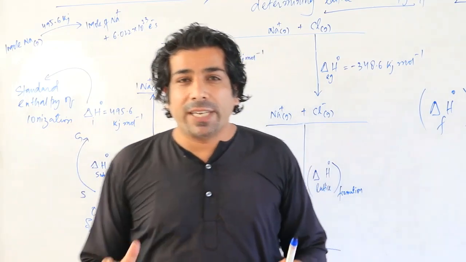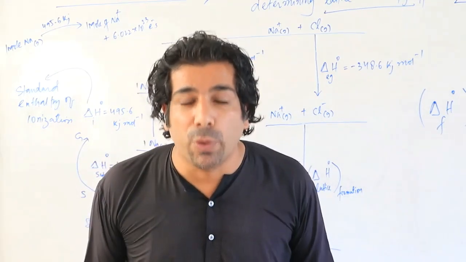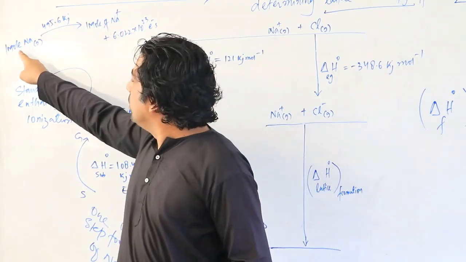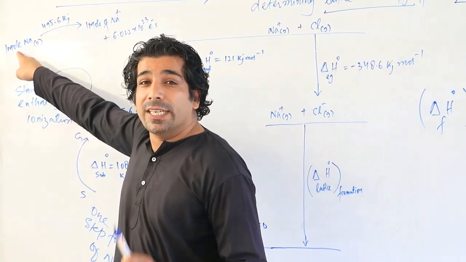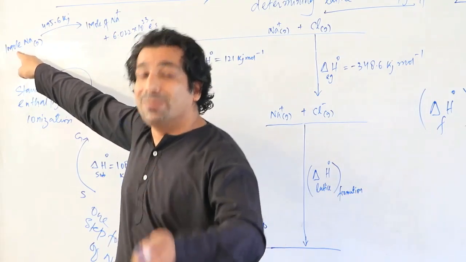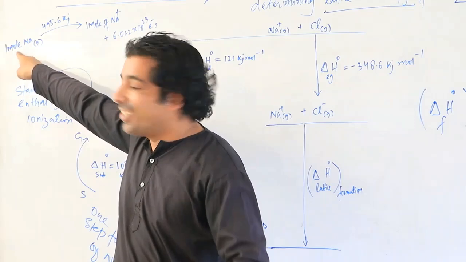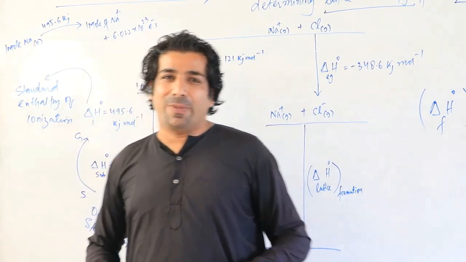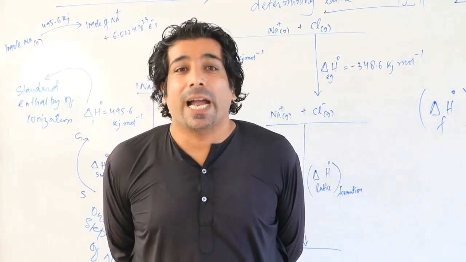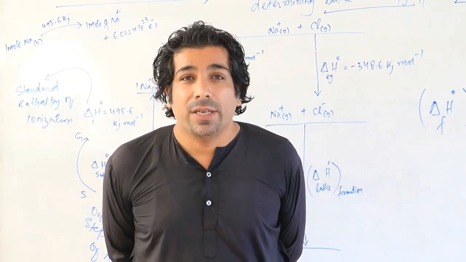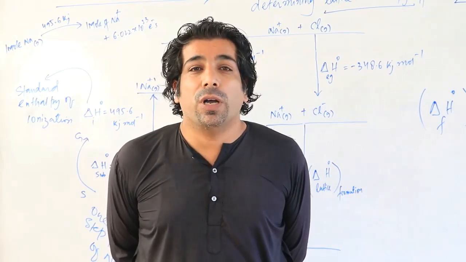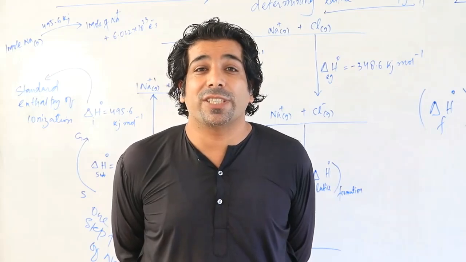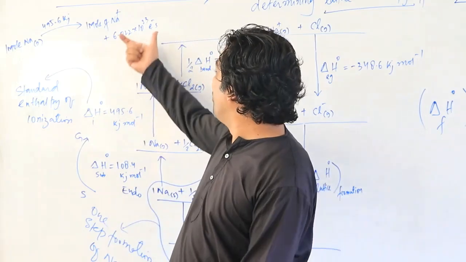The amount of energy required to remove 1 mole of electrons from 1 mole of gaseous atoms, my dear friends. Look here, this is 1 mole of sodium in gaseous state. So standard enthalpy of ionization means the amount of energy required to remove 1 mole of electrons from isolated gaseous atoms. So you removed 1 mole of electrons.